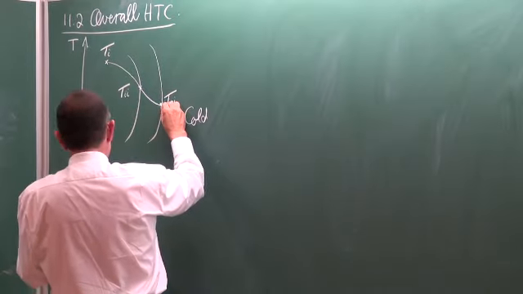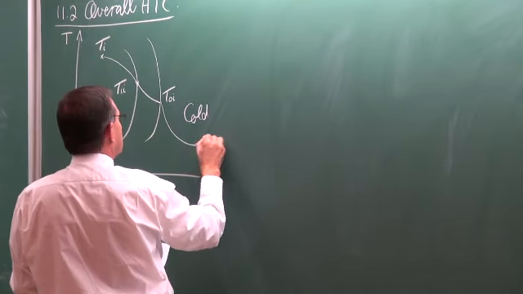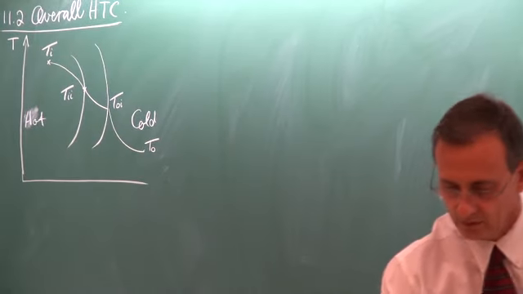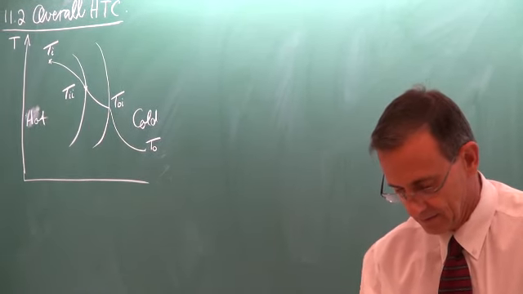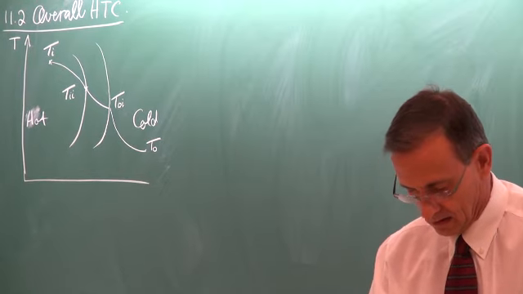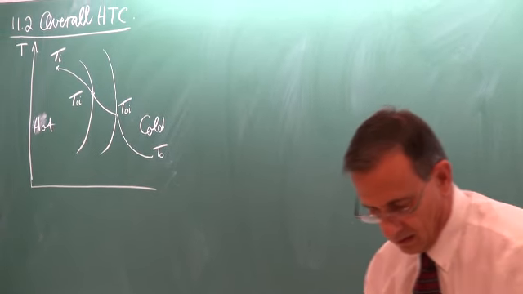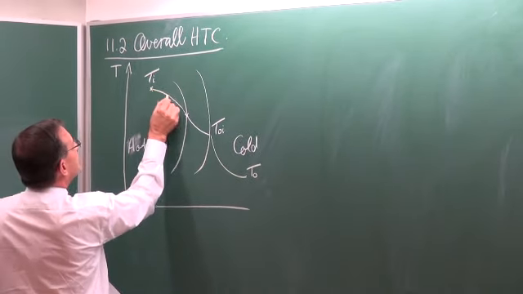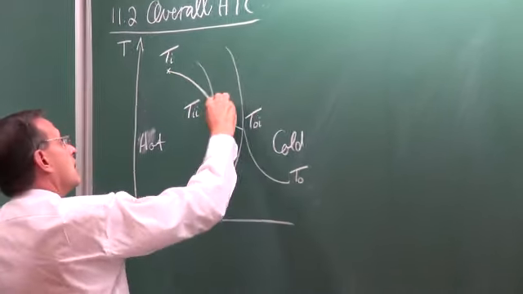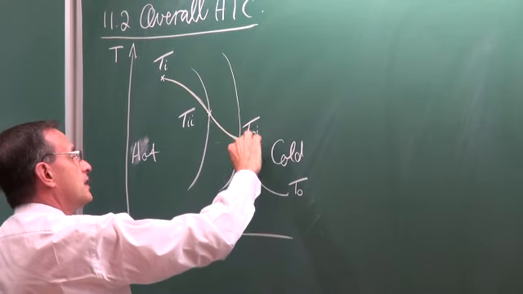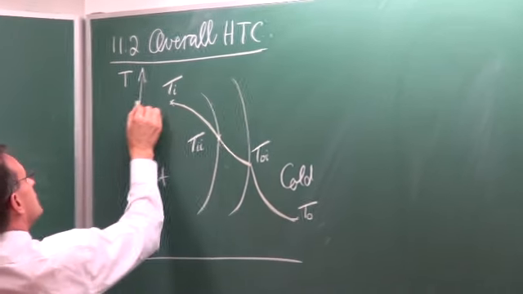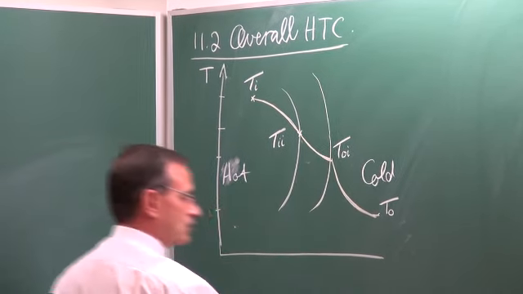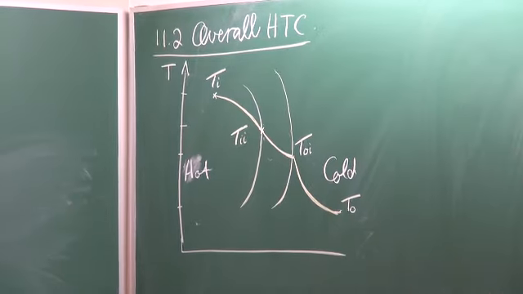And then on this side, the temperature gradient might look something like that. So the temperature gradient would decrease, then through the wall, and then it would decrease again. So here are the temperature differences on this scale. We can transfer it to that scale.